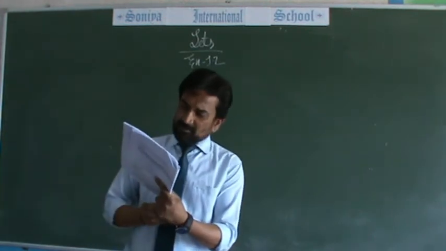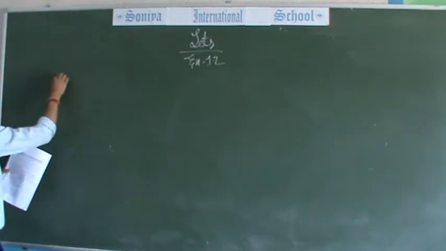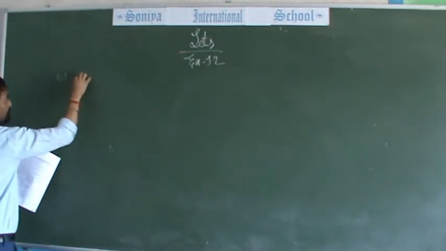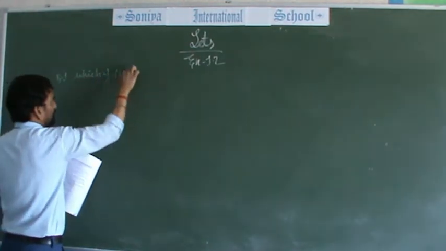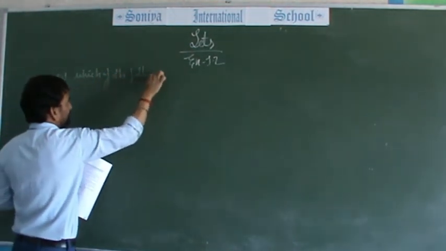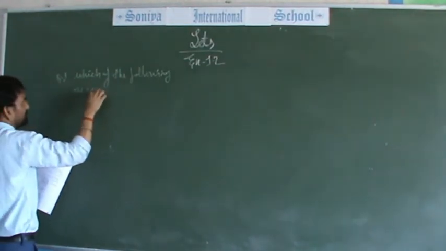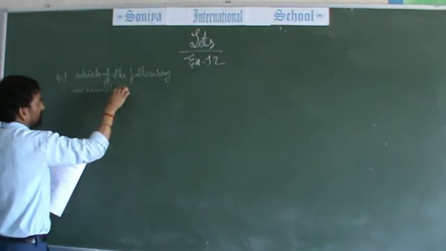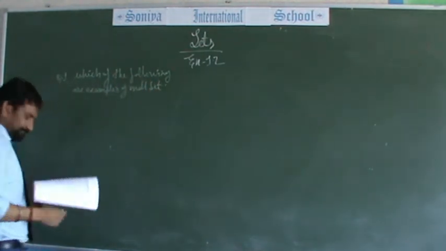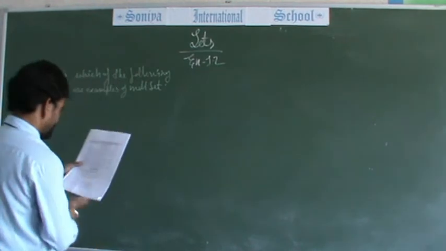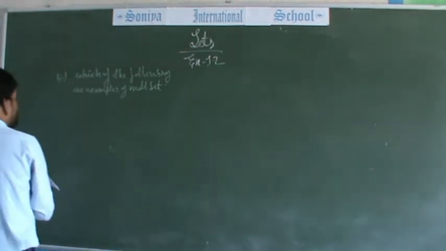Which of the following are examples of the null set? The first question of your text is, which of the following are examples of null set? Set of odd natural numbers divisible by 2.